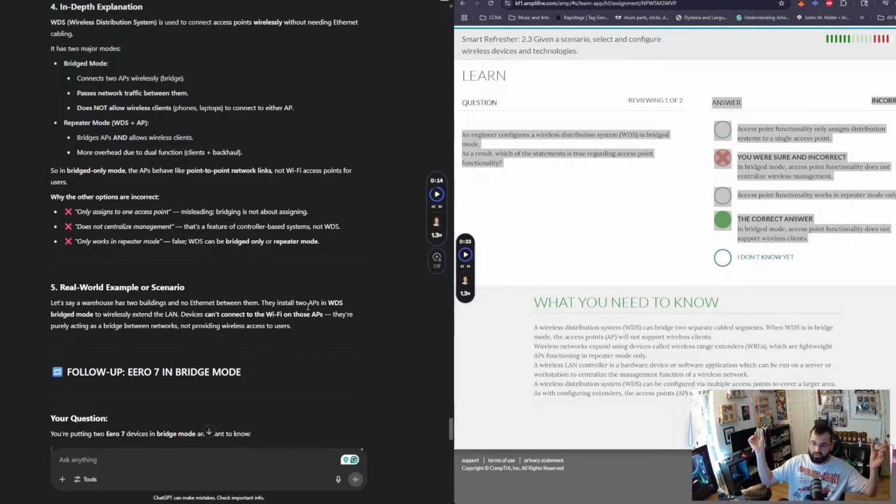I would imagine that if I was in building A with my WDS bridge mode AP, and building B with my other AP that now has my internet, they're connected wirelessly, only point to point. So if I want to connect to this, I would have to use a cable to connect to everything. That makes sense.